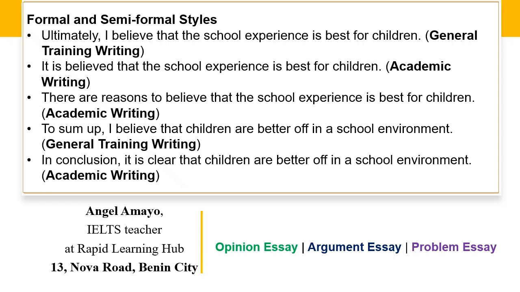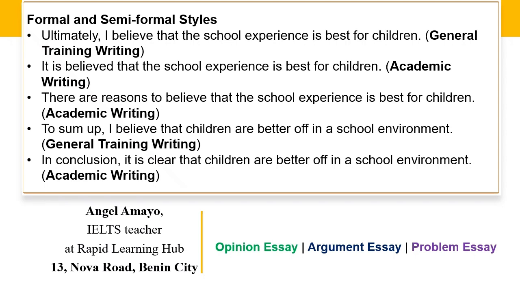And another way to express this is to write it this way. In number 3, it says there are reasons to believe that the school experience is best for children. This is another way to write it.